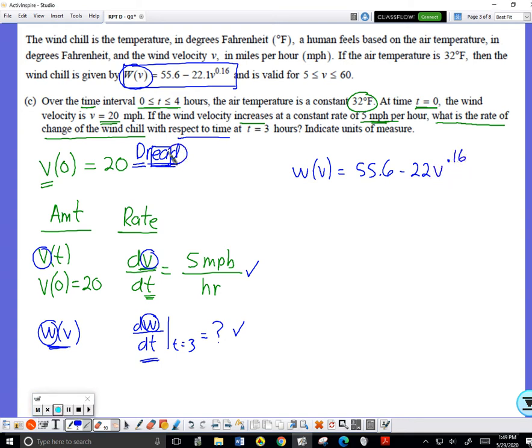So now I need to take the derivative of that equation with respect to time. So this side will become dW over dt. This derivative is 0. 22, so I left out the 0.1 there, sorry. 22.1, fix that.